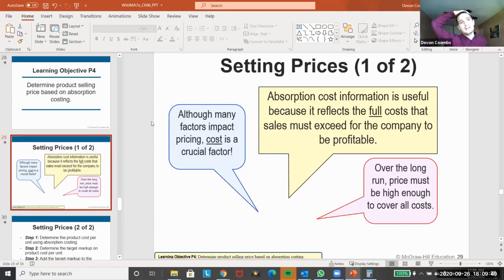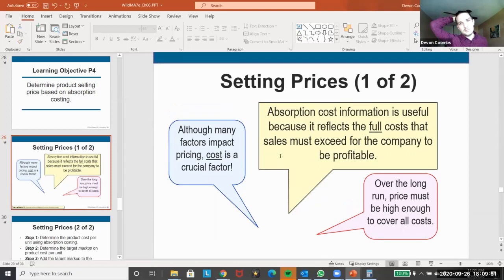And so we're saying here that absorption costing has some difficulties, right, from looking at a monthly perspective, but it also is beneficial in that it shows that at the end of the day, fixed overhead theoretically should be a part of inventory, right? That it's useful to apply it to a month for internal reporting purposes. But at the end of the day, the whole point of a business is to make money.